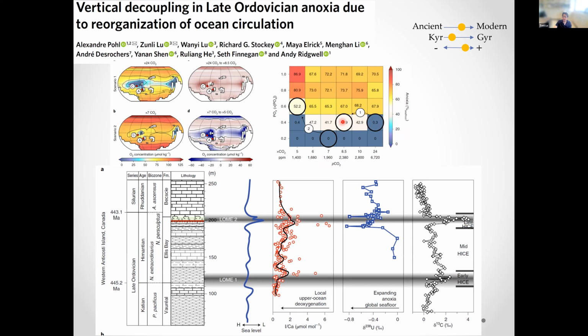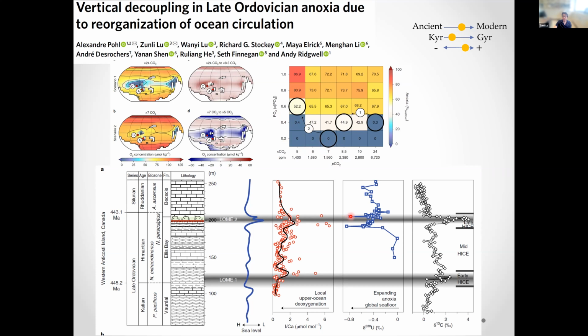And another way you can produce this kind of signal, as indicated in the uranium, is you can cool the ocean at the same time and bump up the phosphate. If you increase the nutrient level, you can get similar degrees of anoxia expansion in the ocean.